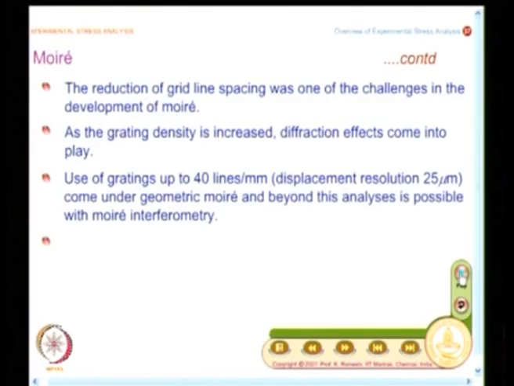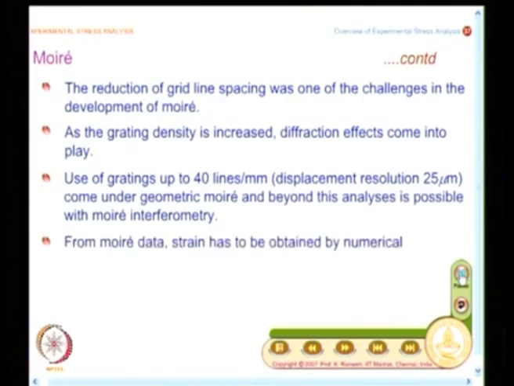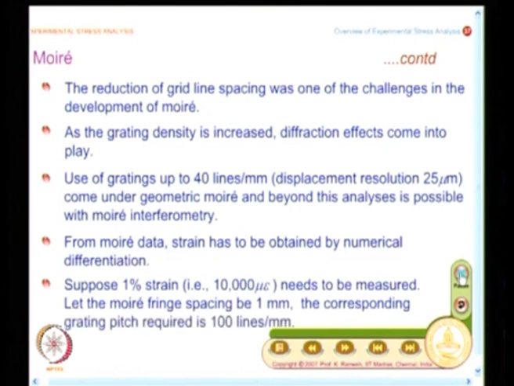Imagine you have a millimeter, which is so small, and within that you have 40 black and white lines. It is very fine, and you will have to be worried about that. And from Moiré data, strain has to be obtained by numerical differentiation. So, it is better that you go for Moiré interferometry, where you have finer displacement measurement.